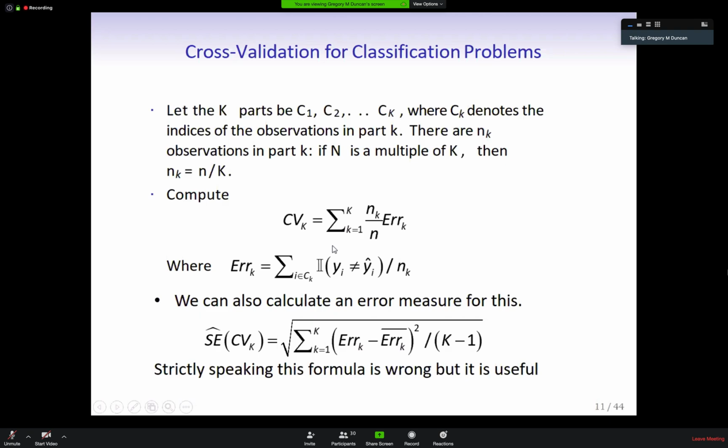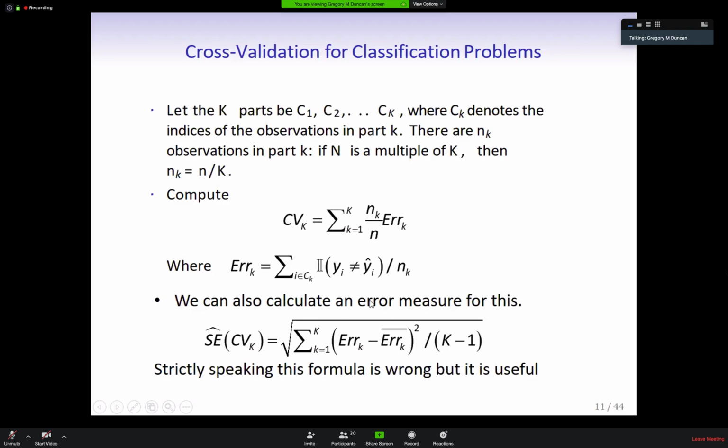Recall, this is the number in the test set that we misclassify divided by n. And so this is the average misclassification rate in fold K. We do that for each K, we put it in here, and we take the average.